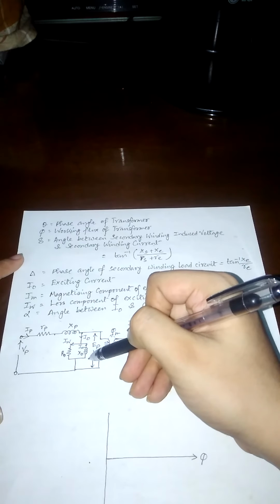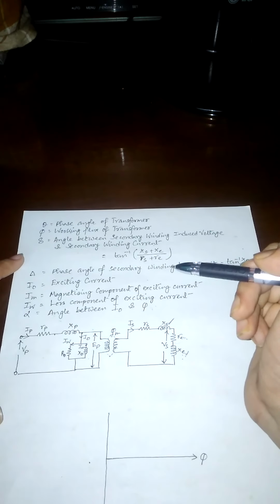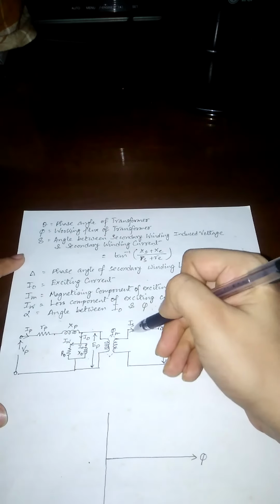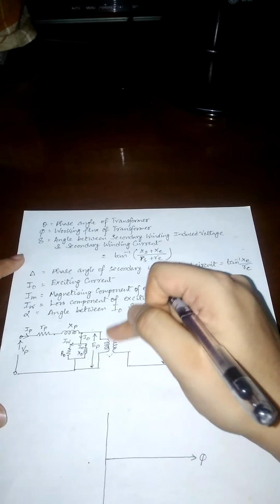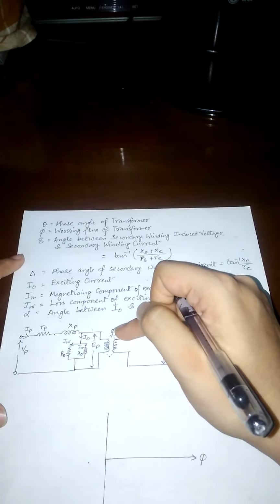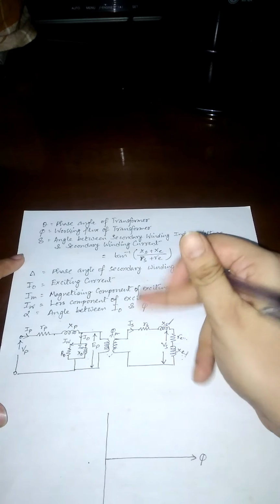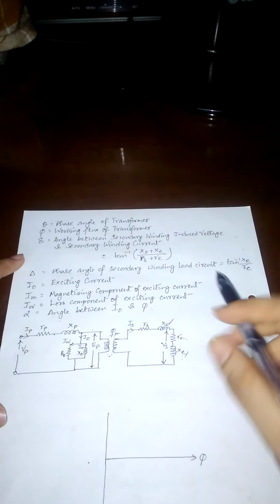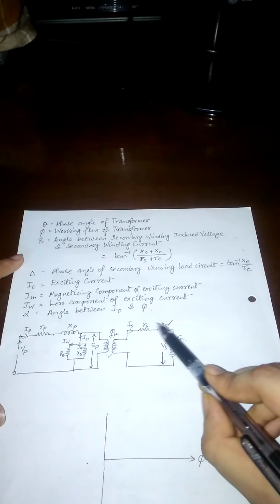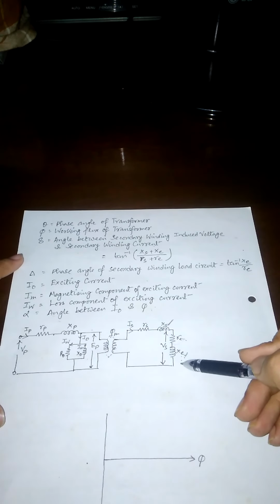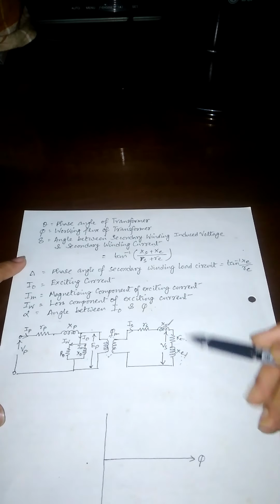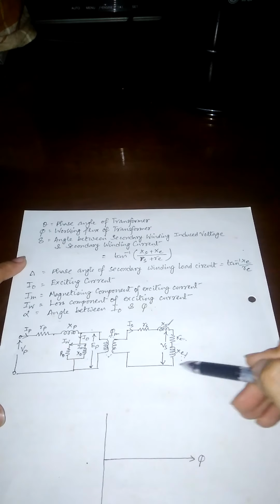IM is the magnetizing component and IW is the loss component. Now in the secondary winding, this is the core and the flux phi m. The IS current flows through the secondary winding, then RS and XS are the secondary winding resistance and reactance, and RE and XE are the resistance and reactance of the external burden, that means the meter connected here.